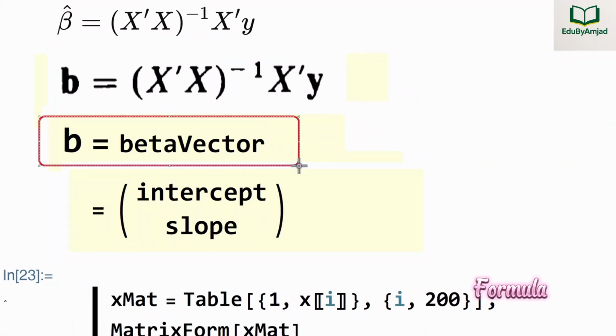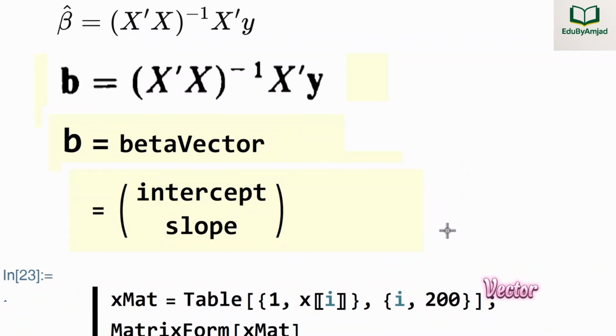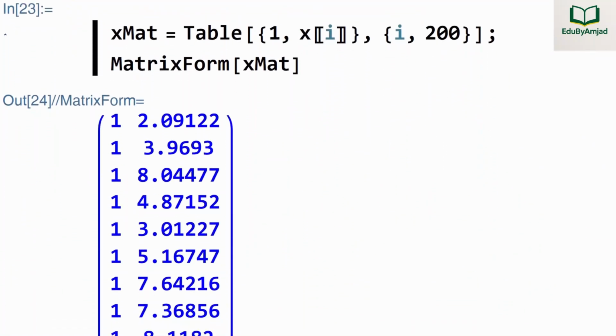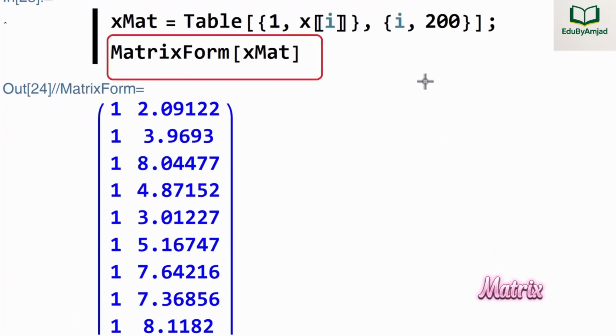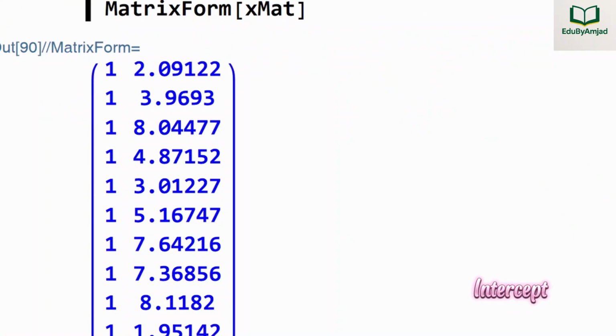This is the matrix formula for estimating the OLS regression coefficients, the beta vector. It is derived using calculus. The X matrix contains 2 columns and 200 rows. The first column is a vector of ones, capturing the intercept. The second column contains the values of x, used to estimate the slope.